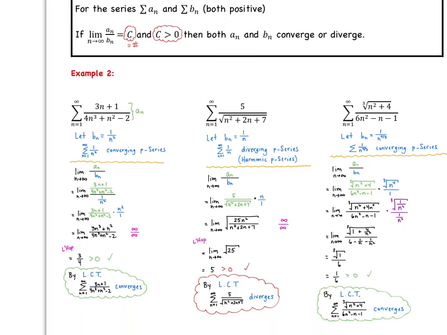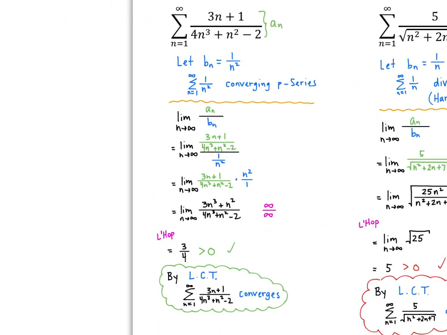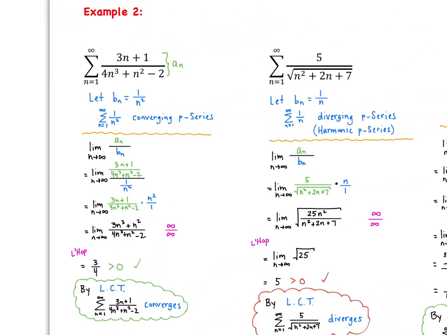So for instance, let's look at this first example here. If we have our series 3n plus 1 over 4n cubed plus n squared minus 2, this is our a sub n. What we're going to compare it to, ultimately we want the leading powers to be identical, the degree in our numerator to equal the degree in our denominator.